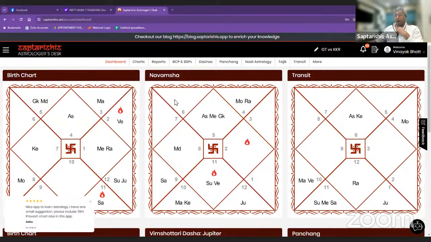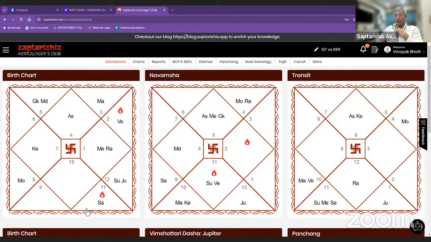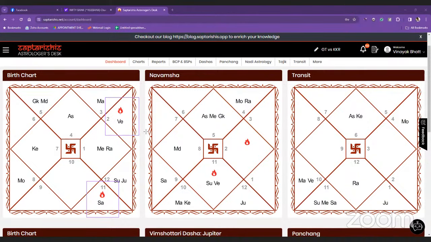I think Vinayak shared it. Thank you, Vinayak. Now you all can see this is the app. And how do I circle? Do you see the fire burning? Do you see Taurus and Aquarius? That fire is Dagdha Rashi.